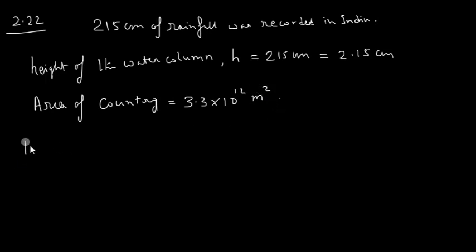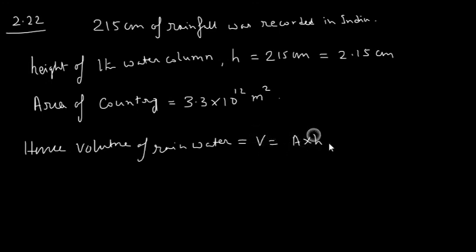Hence the volume of rainwater is V equal to A into h, which is equal to 7.09 into 10 to the power 12 meter cube.